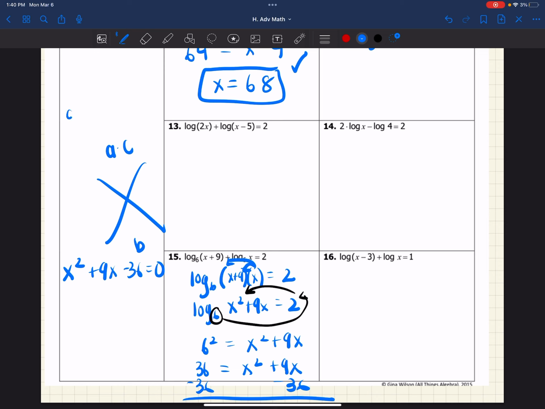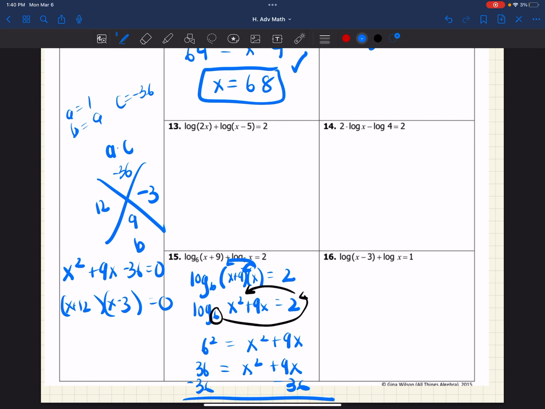My a value is 1, my b value is 9, my c value is negative 36. So at the top I put negative 36, at the bottom I put 9. The two numbers that have a product of negative 36 and a sum of 9 are positive 12 and negative 3. So I'm going to rewrite this as x plus 12 and x minus 3 set equal to 0.